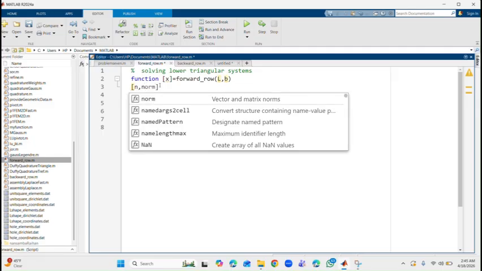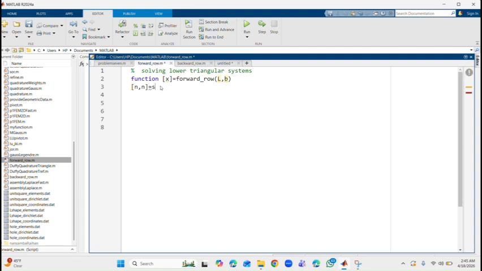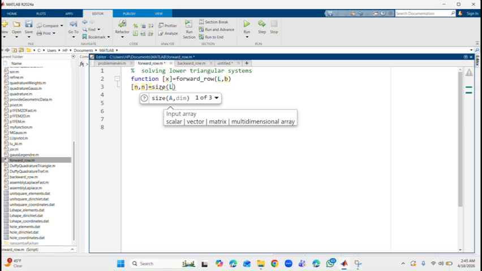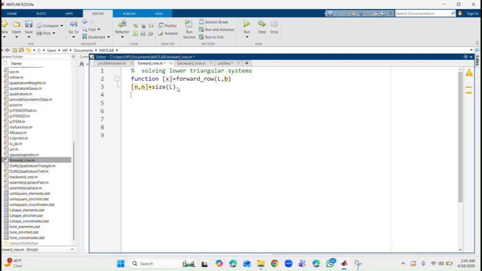This one is just going to give us the size of the matrix L, which will be a square, lower triangular matrix.